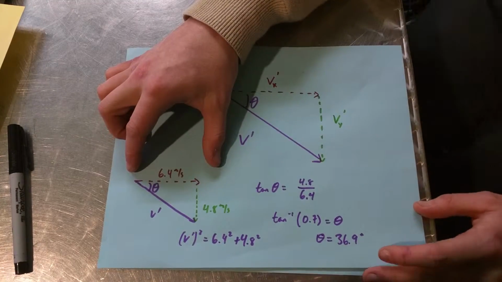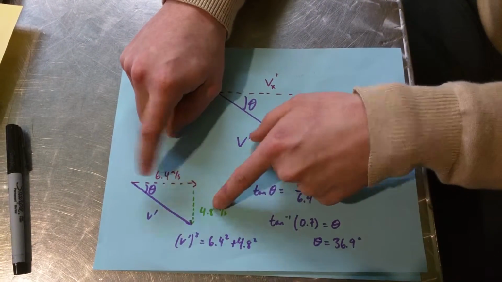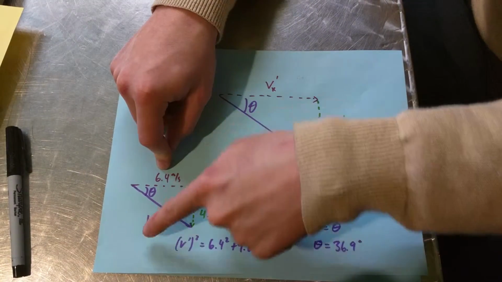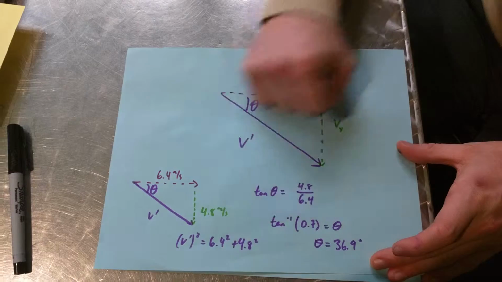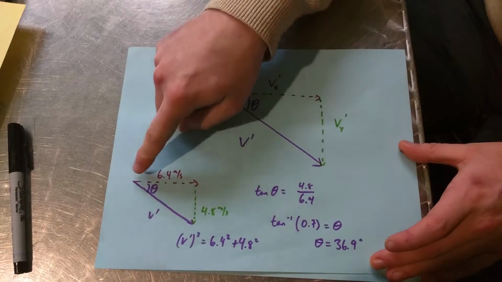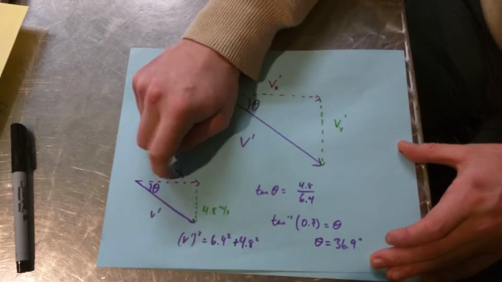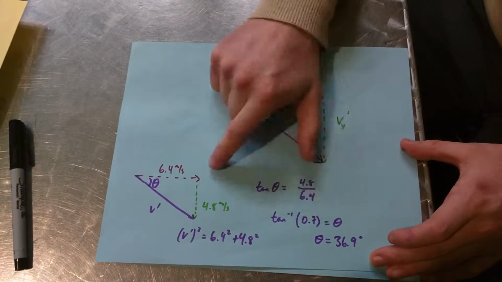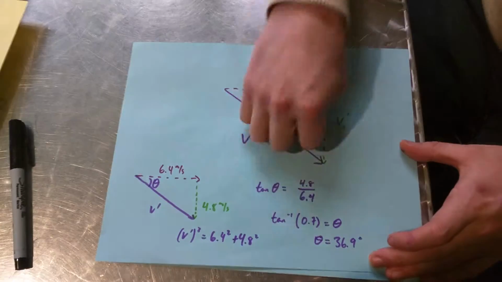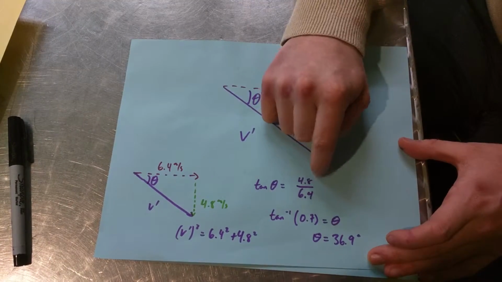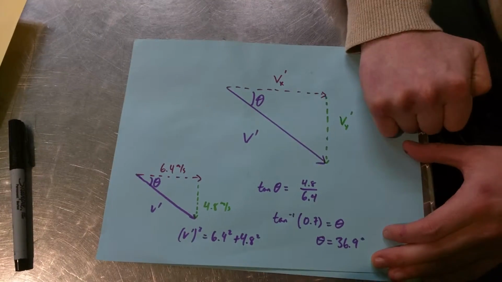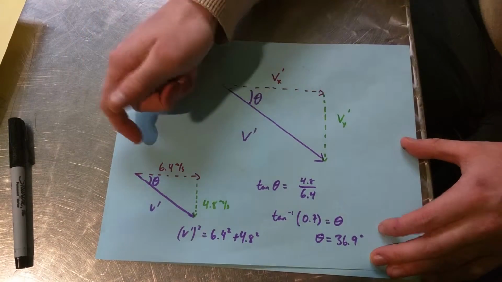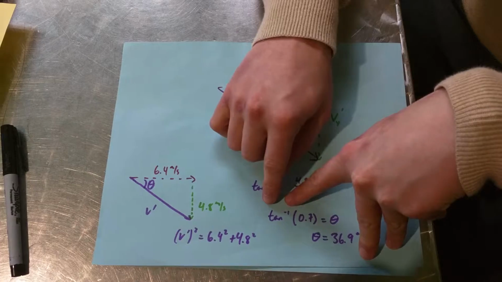So now we're over here. We're looking back at the triangle. We plug in these two values. We can use Pythagorean theorem to get this overall hypotenuse. Then we can use trig in order to solve for this angle. I'm writing out the expression tangent of theta is equal to opposite over adjacent, so 4.8 over 6.4 gives me 0.75, and I'm using the inverse tangent button on the calculator.